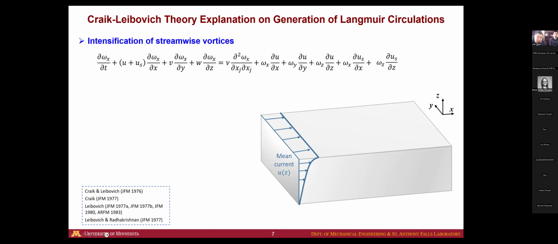And to visualize this in the physical space, what this extra term, this vortex forcing term, can be seen from this cartoon. That is, if we have a mean current caused by, let's say, wind shear, and if there's a spanwise perturbation, then there's a vertical vorticity generated.